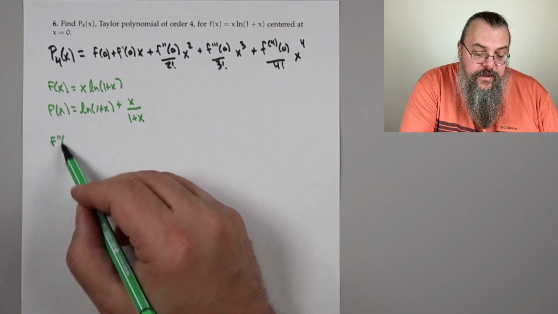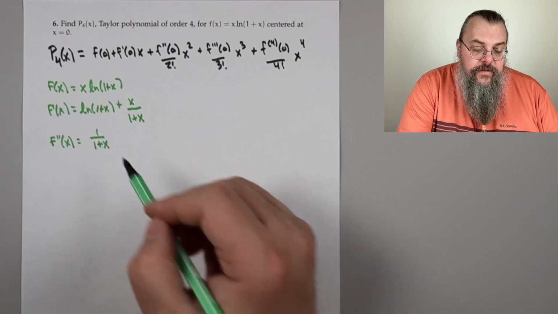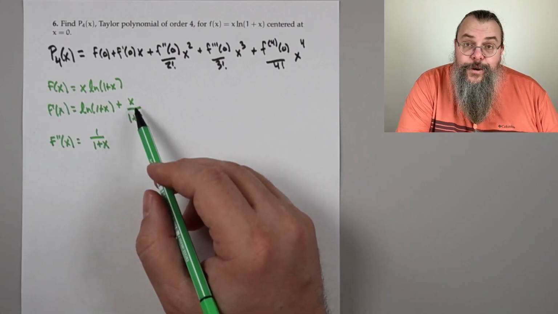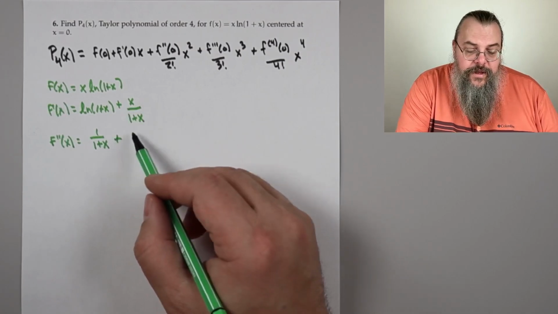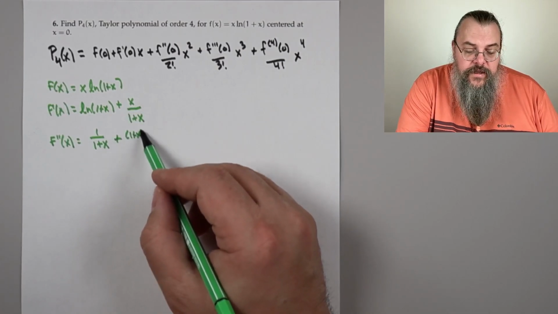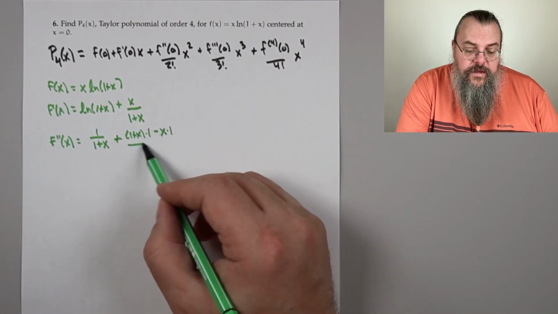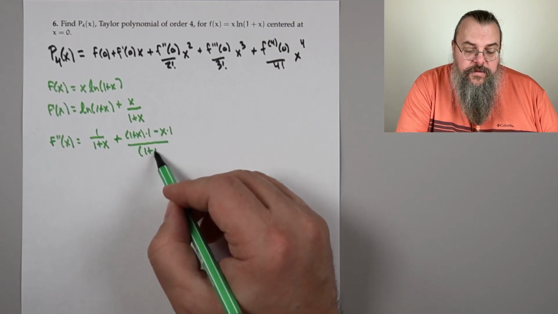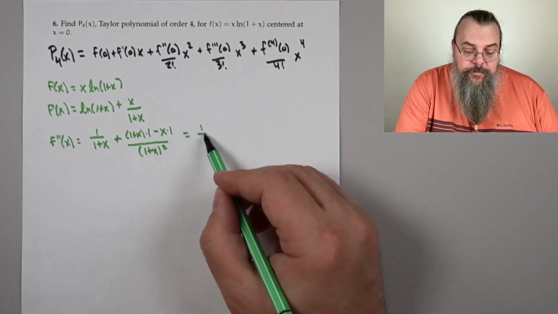All right, well, that's 1 over 1 plus x. Oh, that's nice. Now here, what are we going to have? Quotient rule. All right, plus the bottom times the derivative of the top minus the top times the derivative of the bottom over the bottom term squared. Since we're going to keep taking derivatives, let's clean that up.